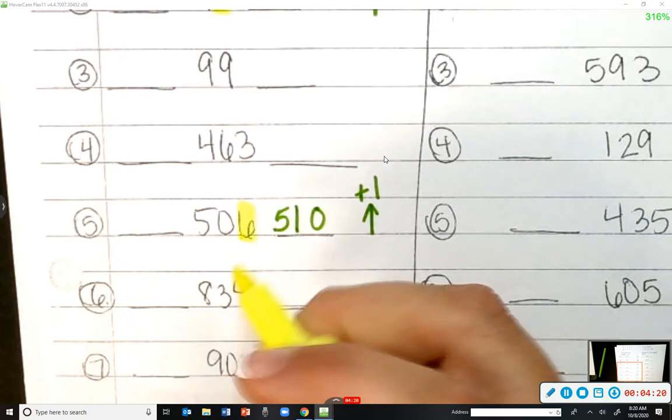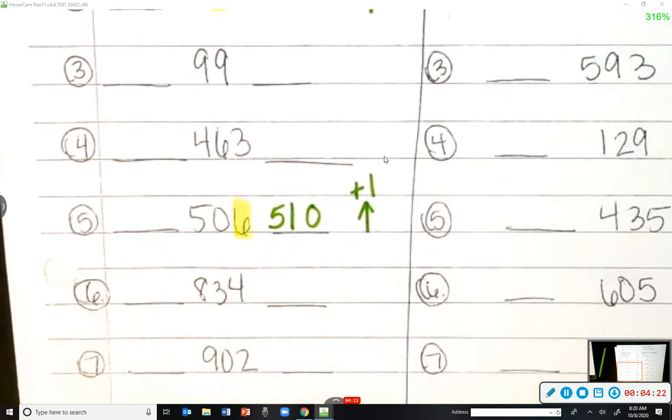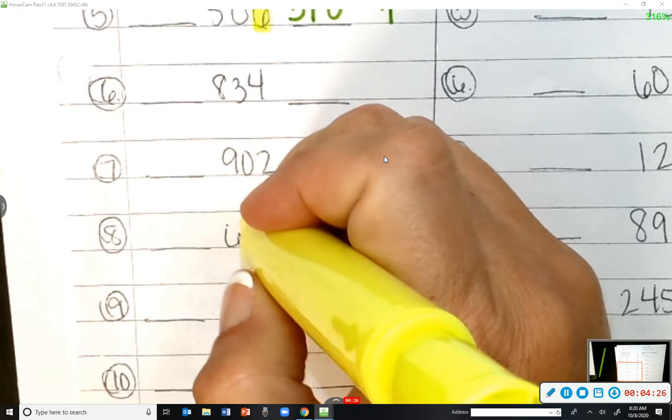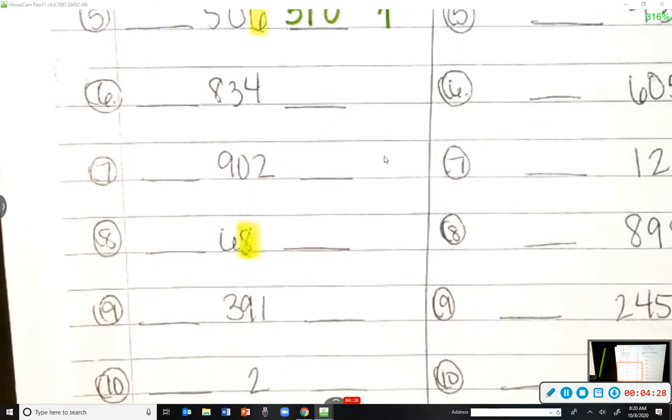I want you to try number 8 with that strategy. Look at the ones place. If you're already getting them right, then you can keep doing the same strategy, okay? This is just a different way in case you're confused.